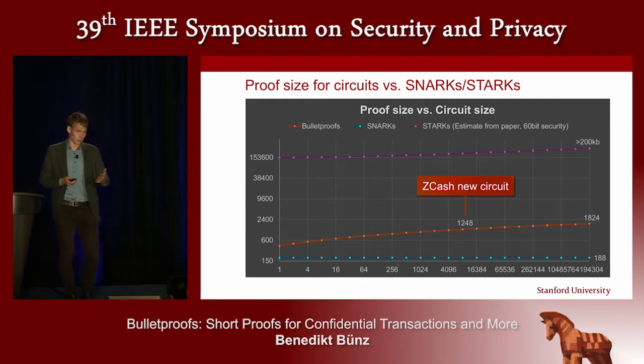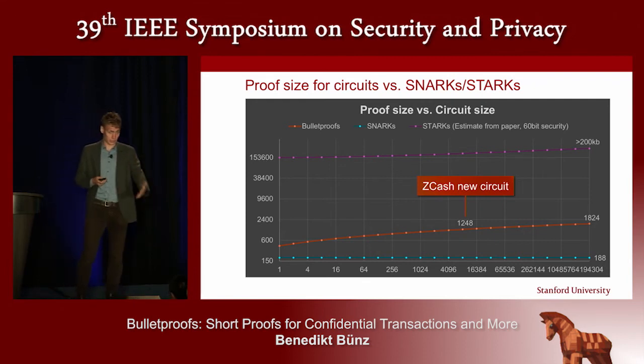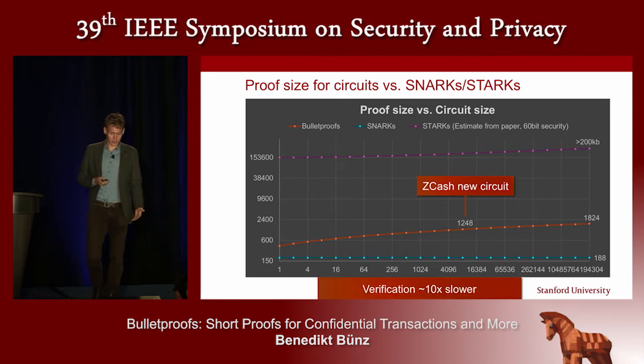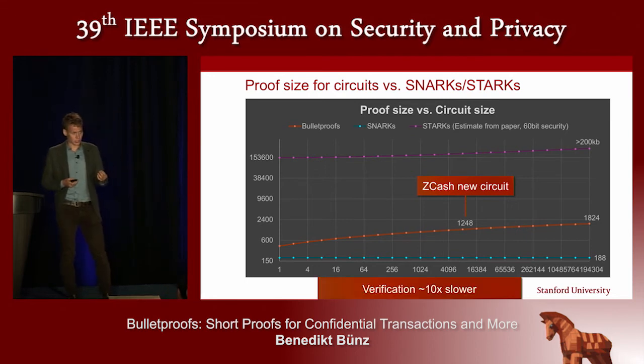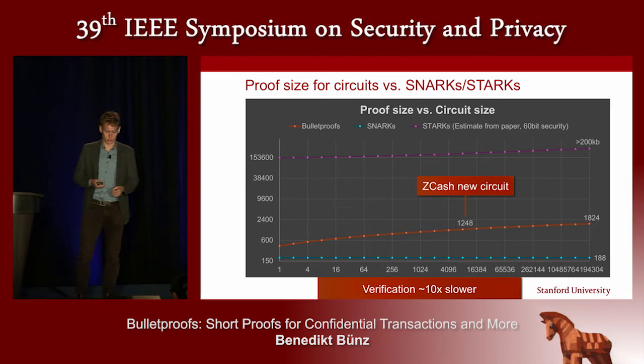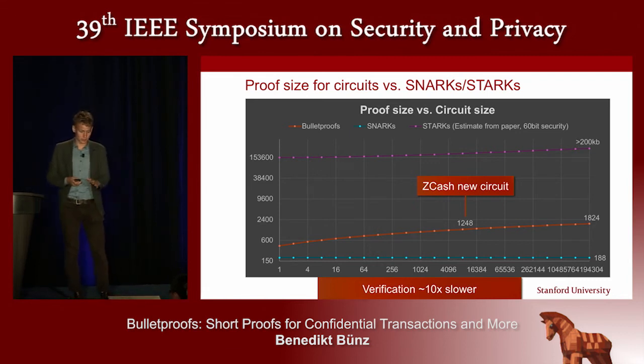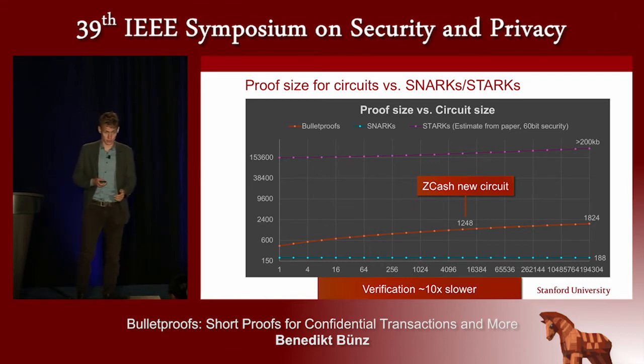One thing is obviously the transaction size would be bigger, but the other downside is that the verification time for Bulletproofs is linear in the size of the circuit asymptotically, versus for snarks, where the verification time is constant. So in practice, it would mean that the verification is about a factor of 10 slower.